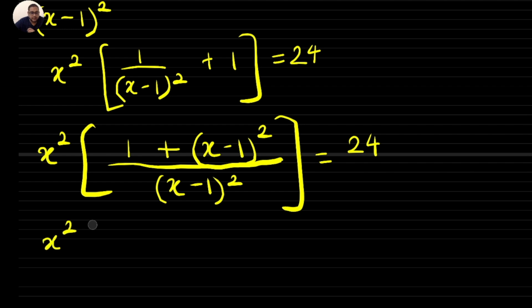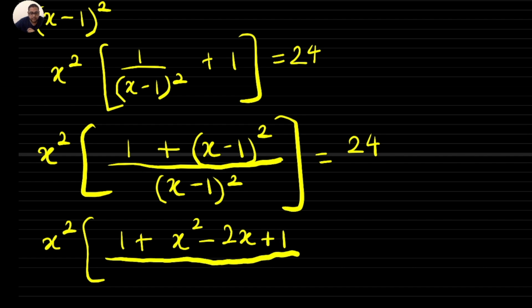X squared is outside. We have 1 plus x squared minus 2x plus 1 over (x minus 1) squared. Close the bracket, and it is equal to 24.